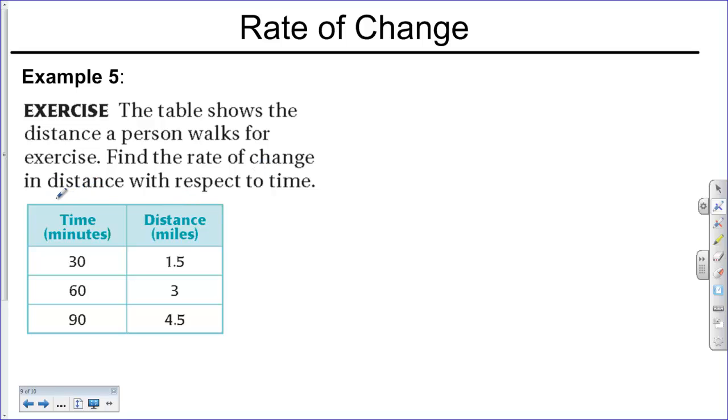Now we do know it's going to be a ratio. The question is, what goes in the numerator and what goes in the denominator? Well, since they're saying distance first with respect to time, then that means I'm going to have the change in distance over the change in time. Okay, so we're going to go ahead and pick two values. So we'll do the change in distance.